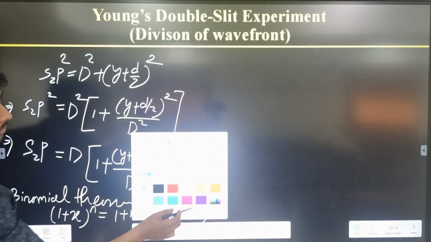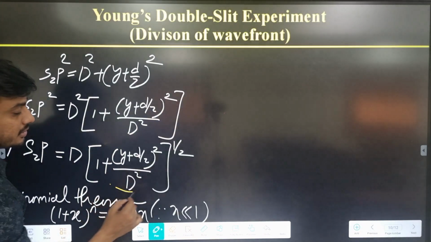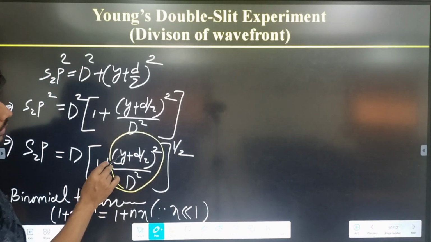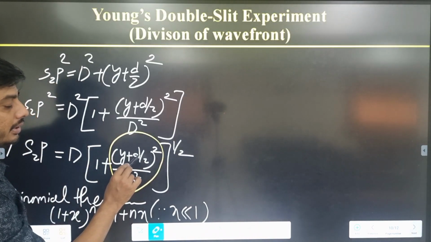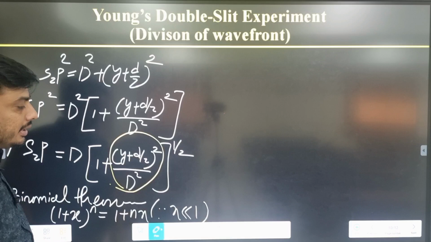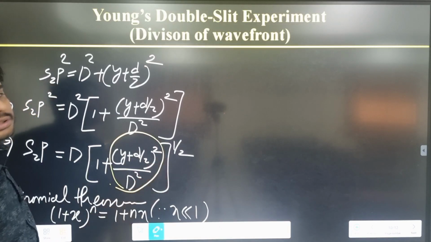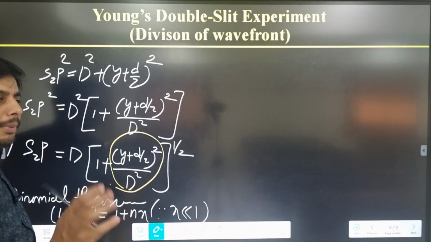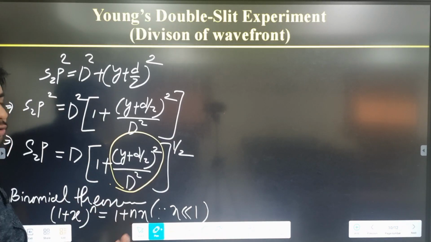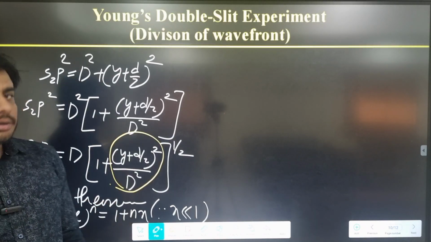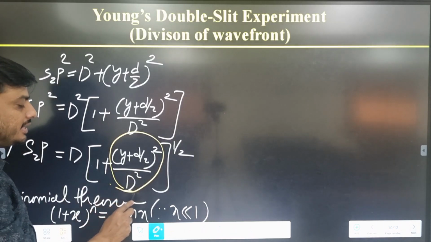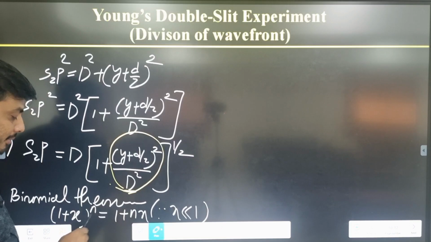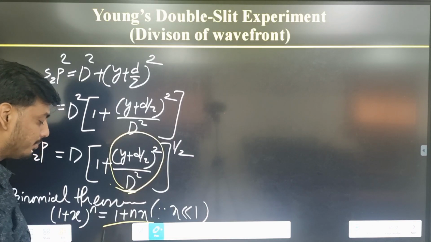Here the second term is very small compared to 1, because y is a very small quantity, d is a small quantity, so d by 2 is another small quantity, and if you take its square, it will be smaller still. If we take 0.1, its square will be 0.01; the value decreases. Again we divide by d square, d being a larger quantity, so this whole term is less than 1. For that reason we use this formula.